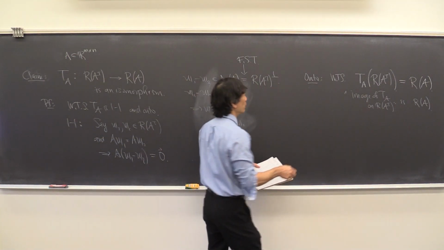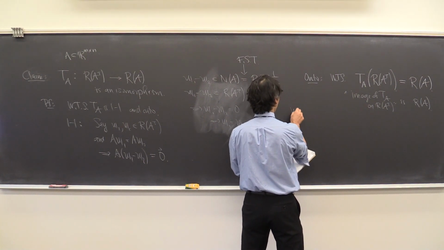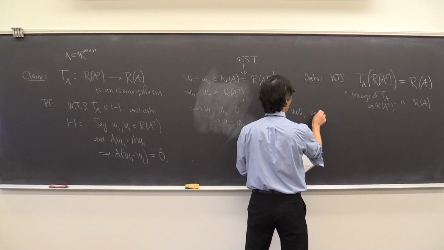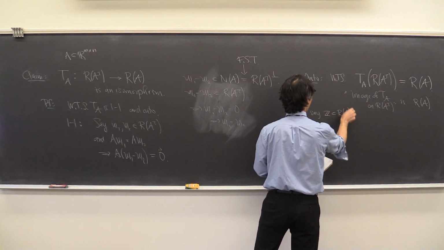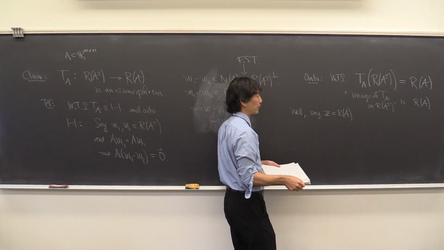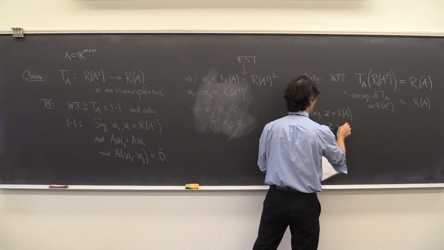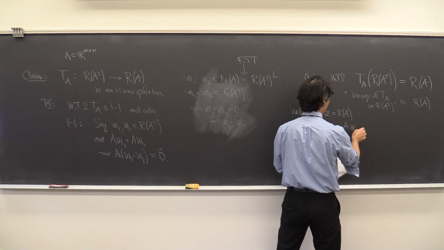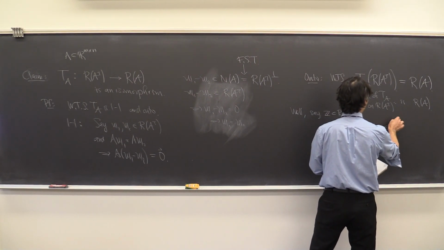Okay. So say you have some vector Z in the range of A. In that case, Z has to be A of something, A of X, for X in Rn.